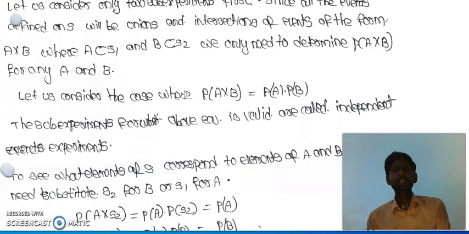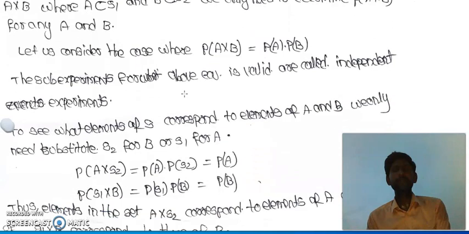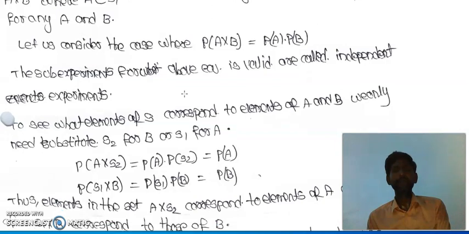For that, let us consider the case P of A cross B equals P of A times P of B. The sub-experiments for which the above equation is valid are called independent experiments.